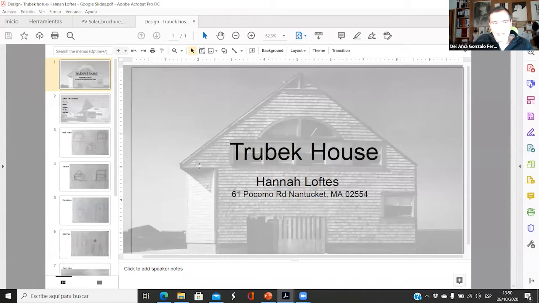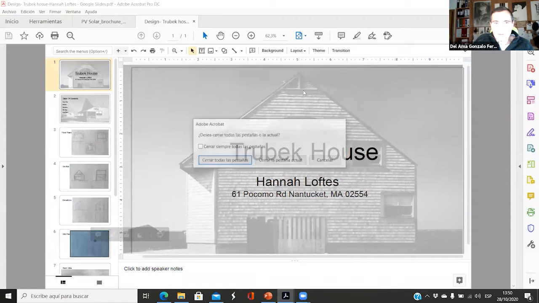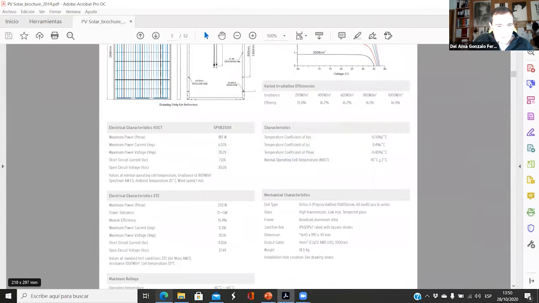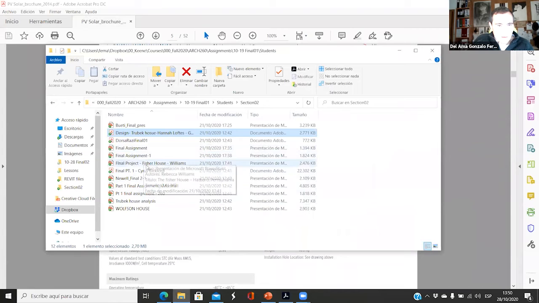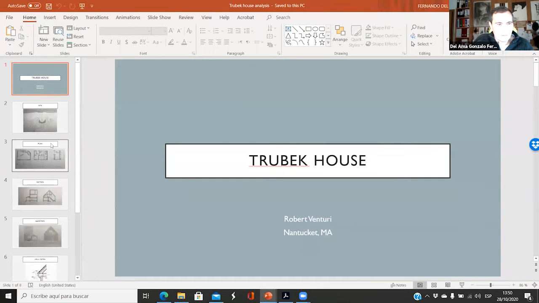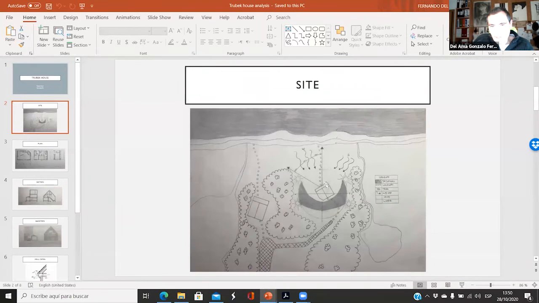Okay, so we have this Trubeck house. If we have this house, this is the site plan. So this is north. This is south.